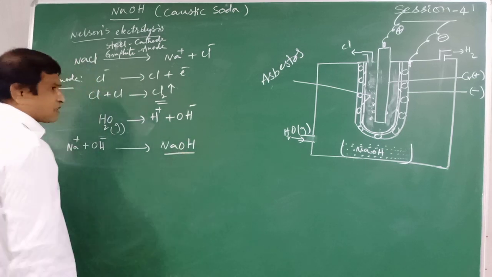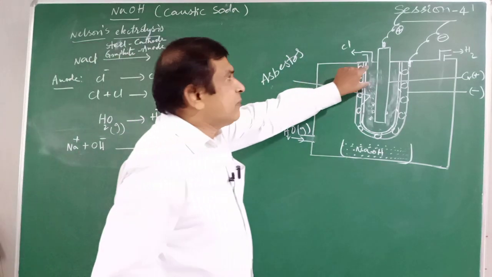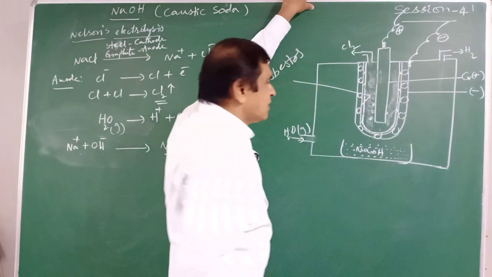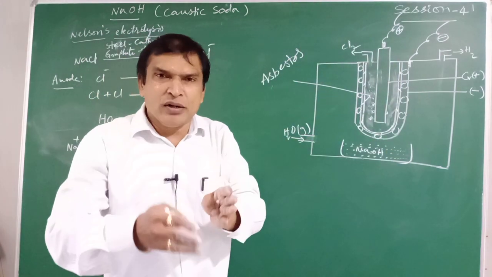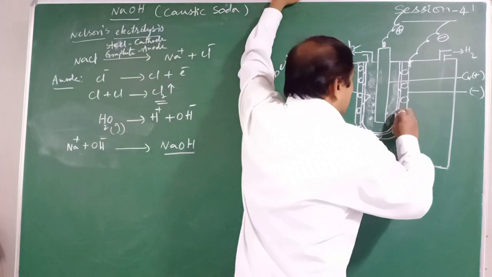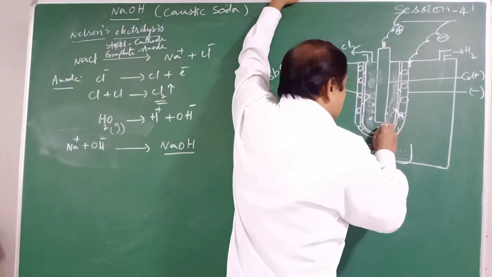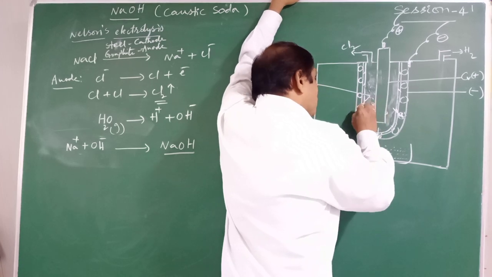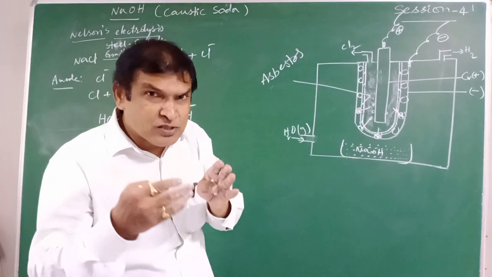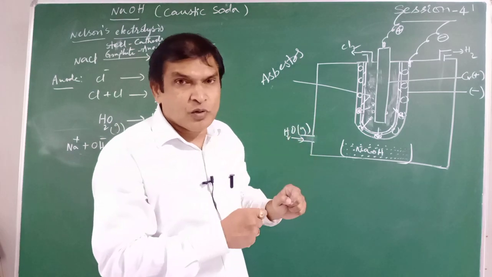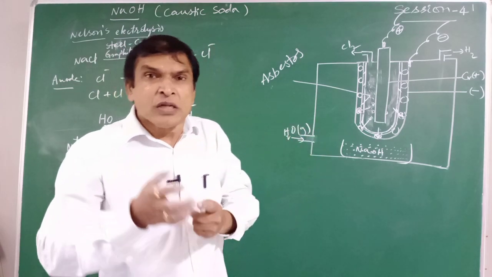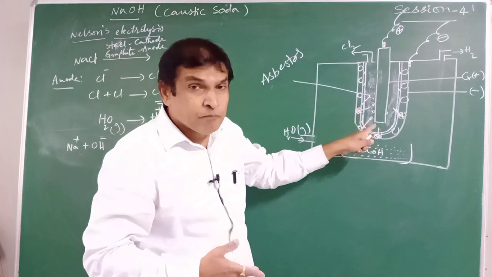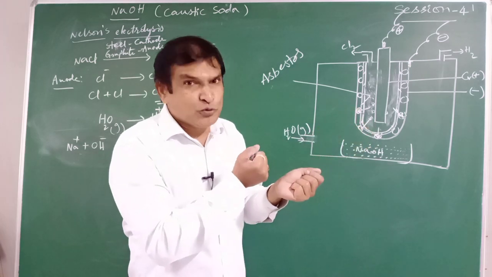I repeat again the process. After the liberation of Cl2 chlorine gas, sodium ions penetrate through the asbestos lining and are deposited at the perforated cathode. Once again, sodium ions penetrate through the asbestos lining and are deposited at the perforated cathode.